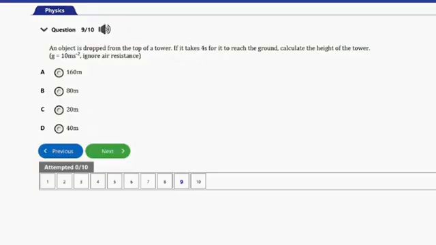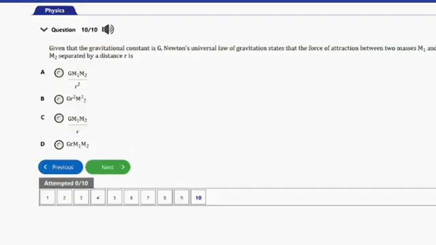So let's go ahead and consider the next question, guys, and that's the last. So guys, the question here says, given that the gravitational constant is G, Newton's universal law of gravitation states that the force of attraction between two masses m1 and m2 separated by a distance r is: A, G into m1 m2 over r squared; B, G into r squared m1 m2; C, G into m1 m2 over r; and D, G into r m1 m2.